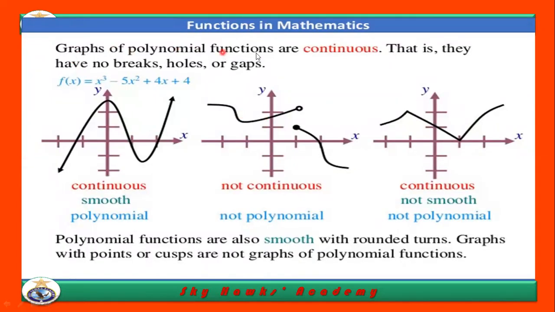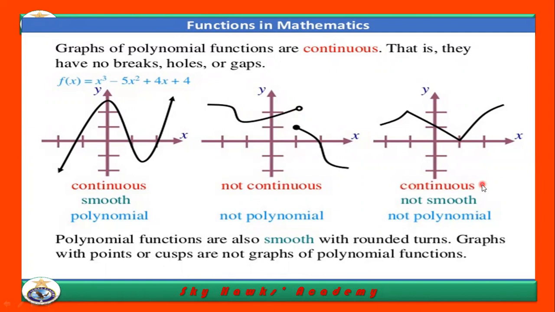The graphs of polynomial functions are continuous. That is, they have no breaks, holes or gaps. So take the polynomial function f(x) is equal to x cube minus 5x square plus 4x plus 4. This one is continuous and smooth, a polynomial. This one is not continuous, it is discontinuous because there is a break.